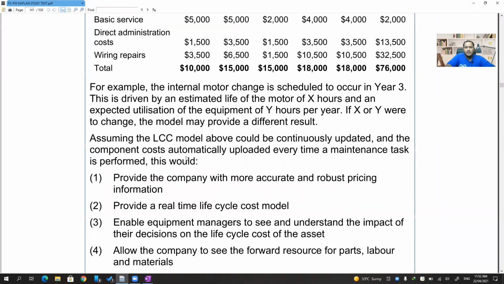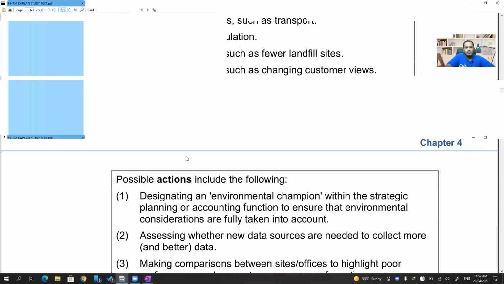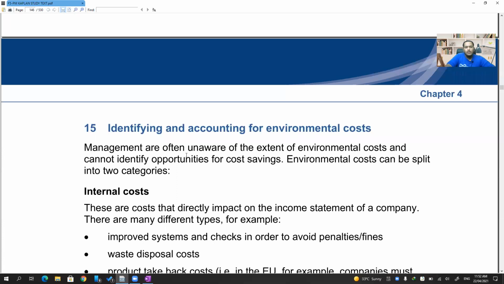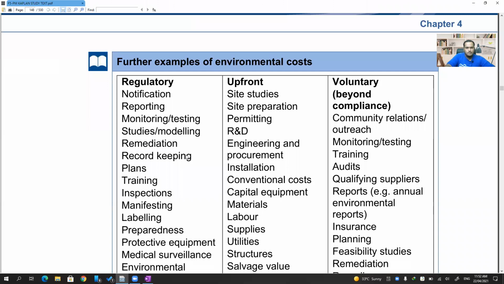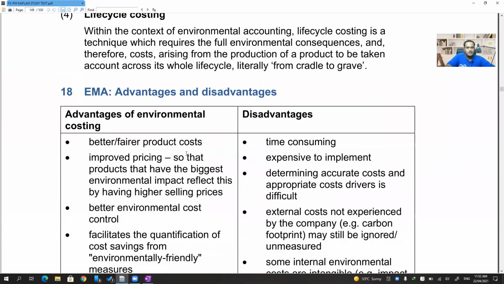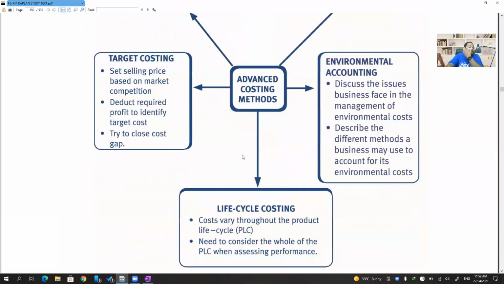Then only environmental costing is left, I guess. Okay, if everybody understood it, then the last and final costing technique that is left is environmental costing technique, which I don't teach at all.